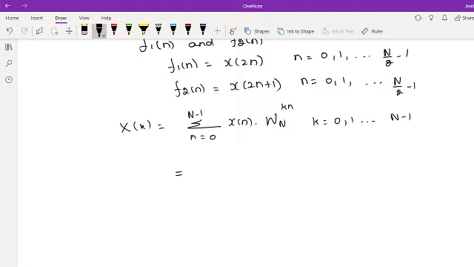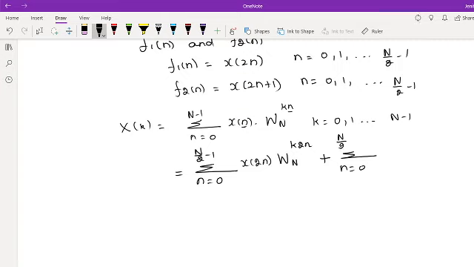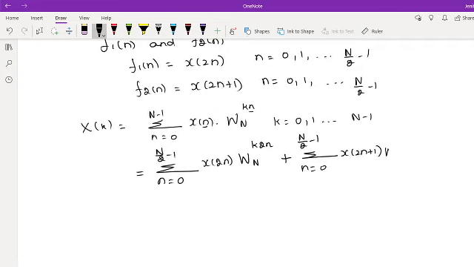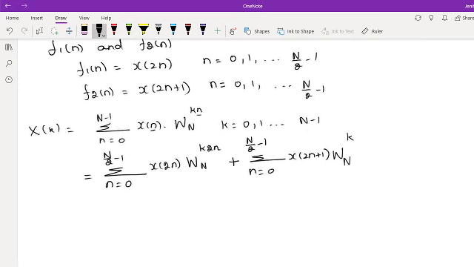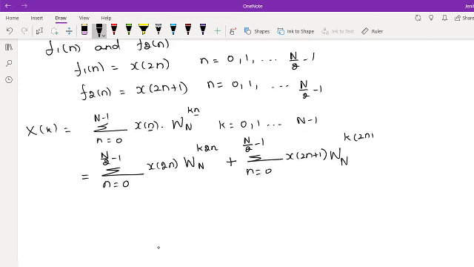That is, summation n equals 0 to N by 2 minus 1, because we have only half the amount for even, of x of 2n, and this n is replaced by the even index, so W N power k 2n, plus summation n equals 0 to N by 2 minus 1 of x of 2n plus 1 into W N power k, where n is replaced by the odd representation 2n plus 1.